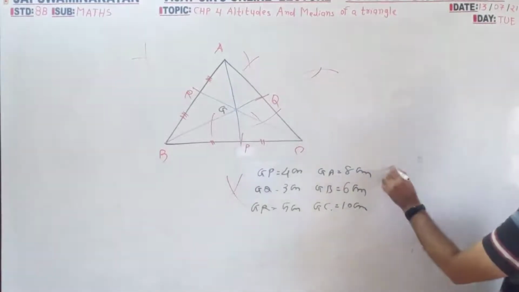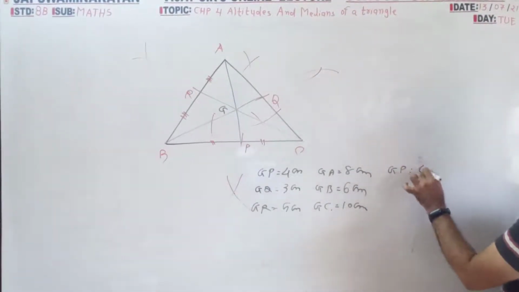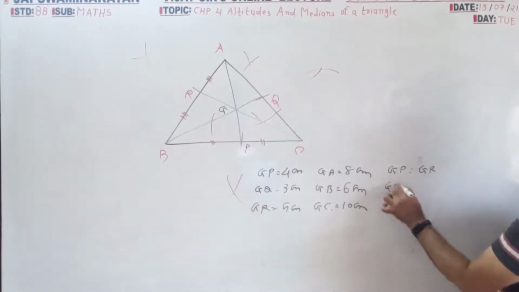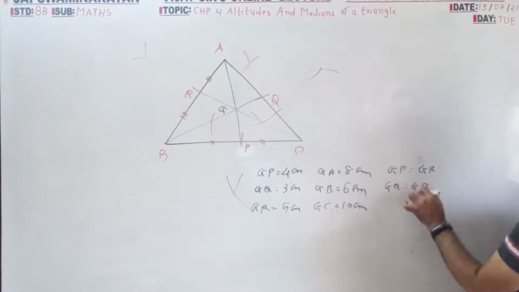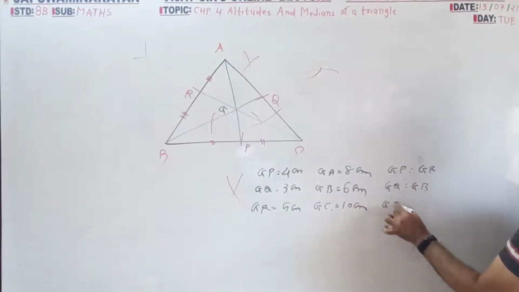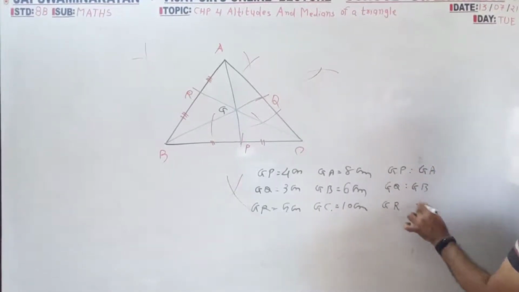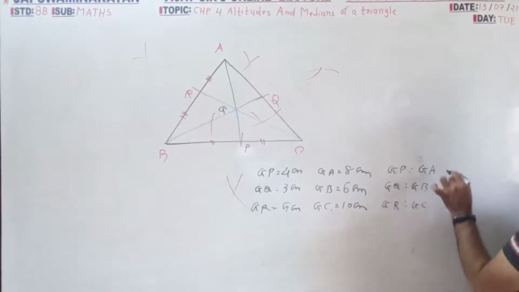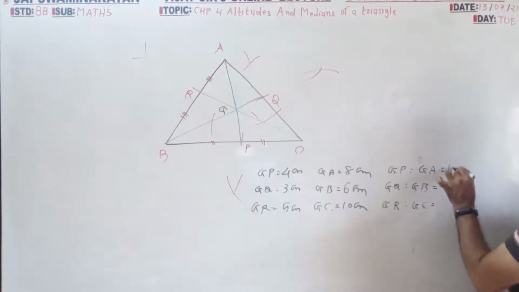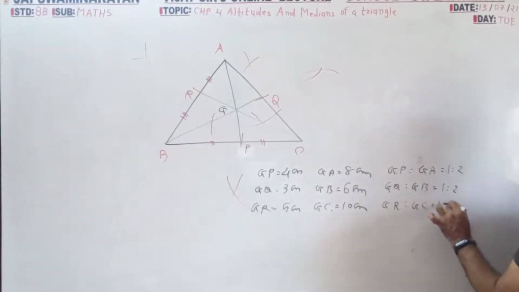Now they will ask GP, GR, GQ, GB. This is A, B, C, P, Q, R. So it is small to big, no? So 1 to 2, 1 is to 2, 1 is to 2.